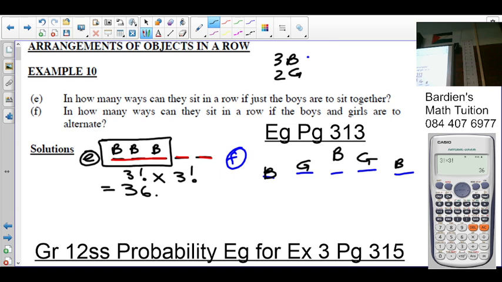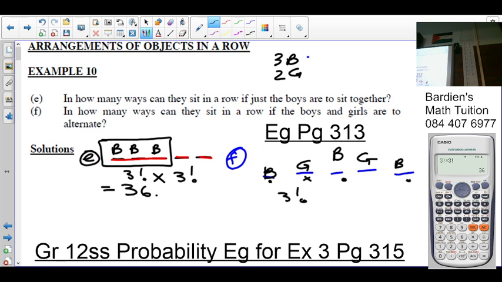Okay. So how many options do I have? Let's count the boys first. How many options do I have for this bid? 3. Any one of the 3 boys can sit. So it's 3, 2, 1. So it's 3 factorial. Not so?